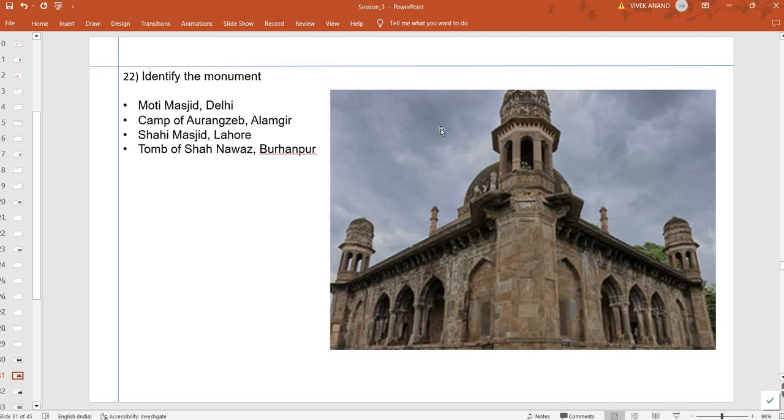North India, Western India, Eastern India, Deccan region, Southern India. Which region does this style represent? Anyone, please? What can you see in this building? Tell me the elements which you can see.